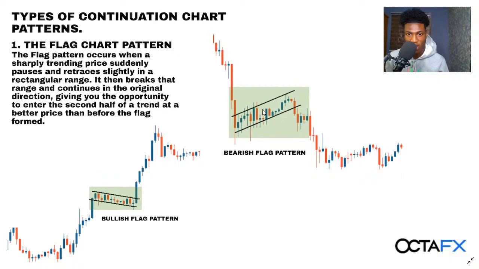As you can see, it's retracing in a rectangular range. Then it breaks that range right here and continues in the original direction. Remember, this is a downtrend, meaning the original direction is going to be what? A downtrend.